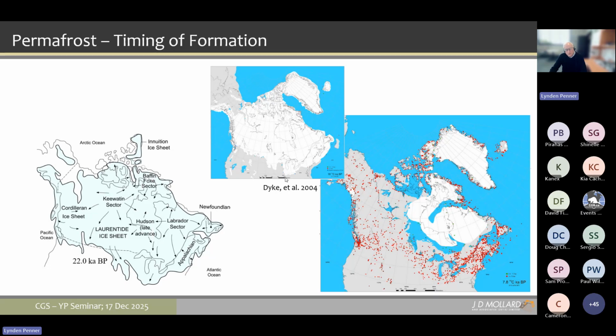We see a map here by Dyke, roughly the same period, a little bit later, 18,000 years ago. And then here's a map showing the remnant of ice that remained at about 7,800 years ago, with glacial Lake Agassiz and Ojibwe out in front, and the ice separating the marine waters from Hudson Bay.